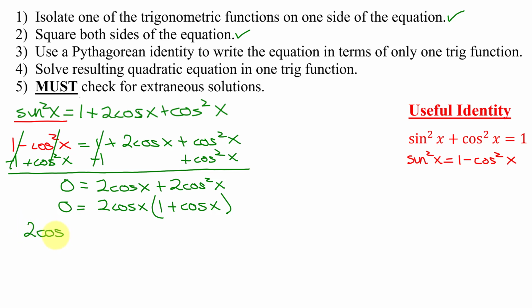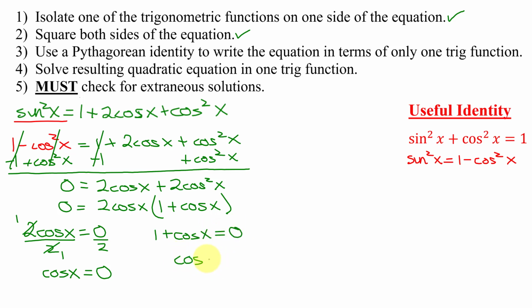Set each of them equal to 0. 2 cosine x equals 0. Divide both sides by 2. I get cosine x equals 0 over 2 is 0, or 1 plus cosine x equals 0. Subtract 1 from both sides, cosine x equals -1.